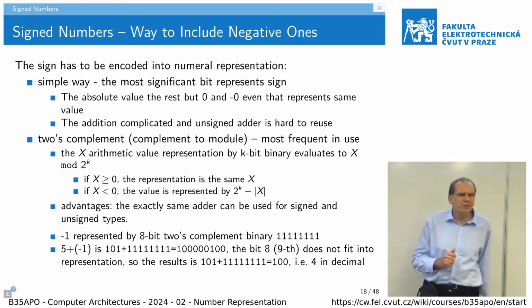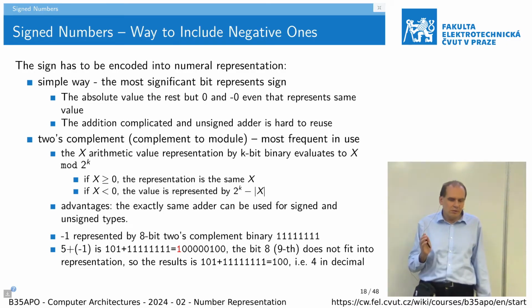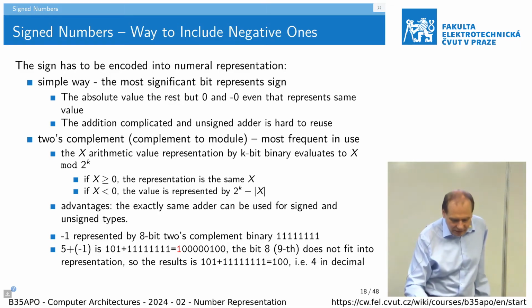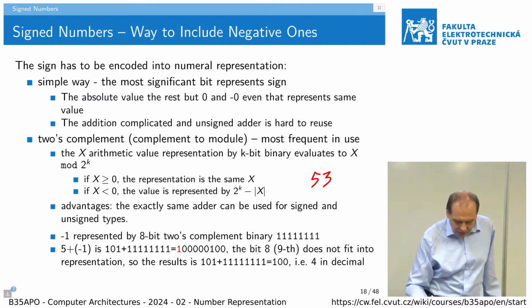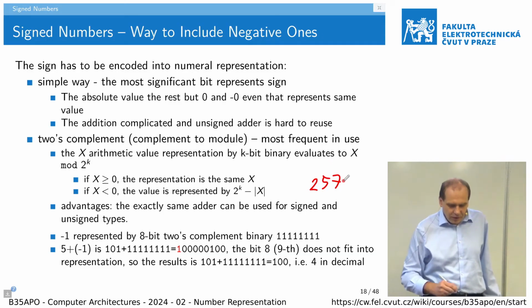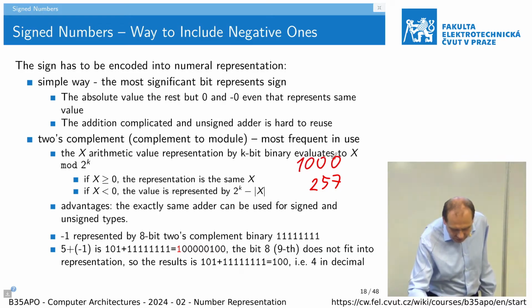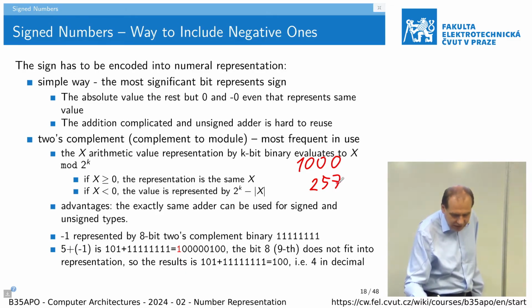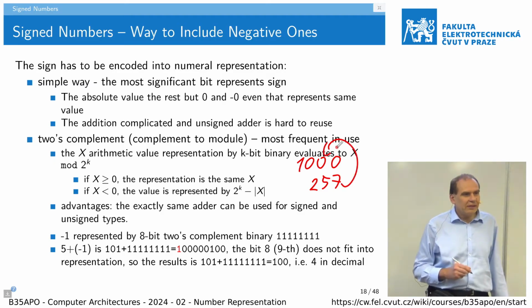If you want to compute this inverse value efficiently, we get to this a little later, but how would you do it in the decimal system? If I ask for this complement of a value, okay, 5 is too high, it would be 257. So one option is that I take 1000 and subtract 257. But if I subtract the 7 from 0, there can be a case that I need to borrow from the more significant digit.